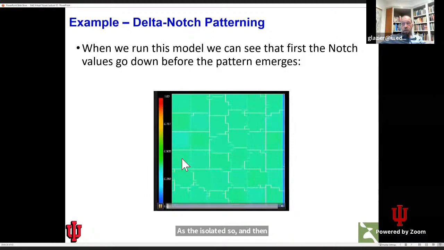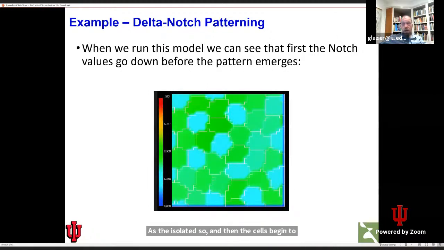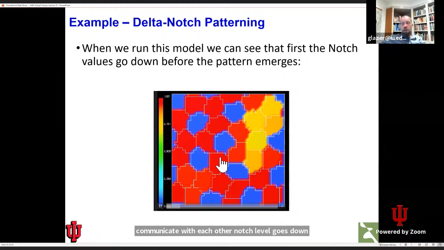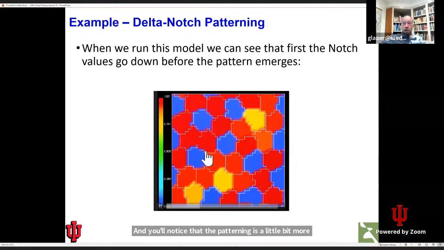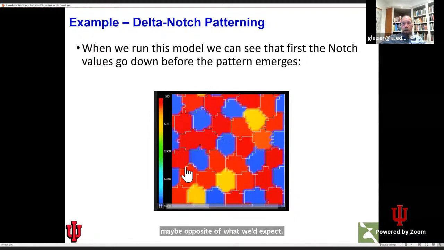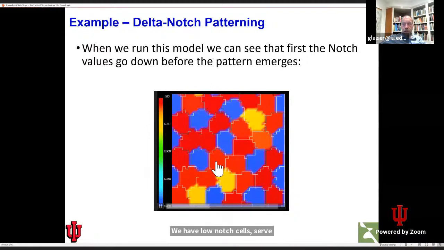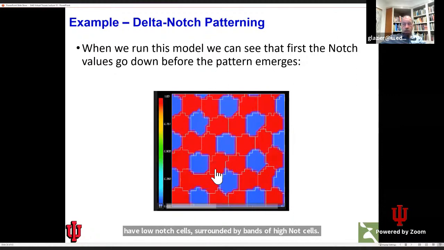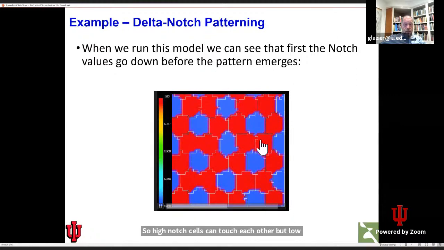And then the cells begin to communicate with each other. The Notch level goes down everywhere. And then random fluctuations lead to this patterning. You'll notice that the patterning is maybe the opposite of what we'd expect. We have low Notch cells surrounded by bands of high Notch cells. So high Notch cells can touch each other, but low Notch cells never touch each other.